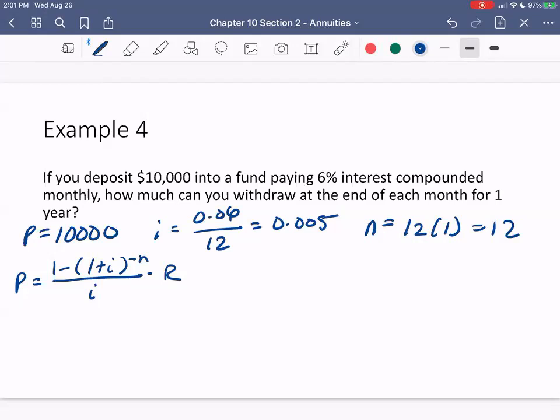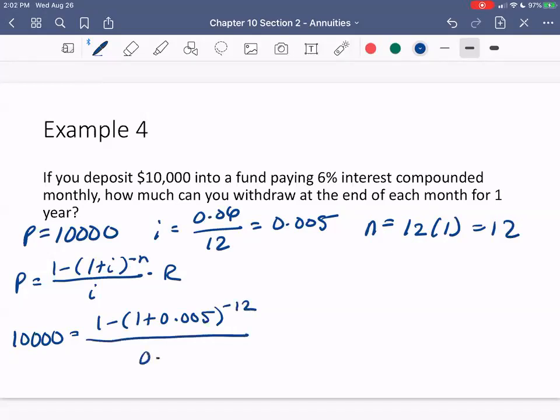So now you're going to substitute all your values. I'm going to substitute right below it. So my P is 10,000 is 1 minus 1 plus your I is 0.005. N is 12. Don't forget there's a negative there. And then your I is 0.005 times R. Again, we want to isolate R. And so since it's being multiplied to R, we want to do opposite, which is divide.